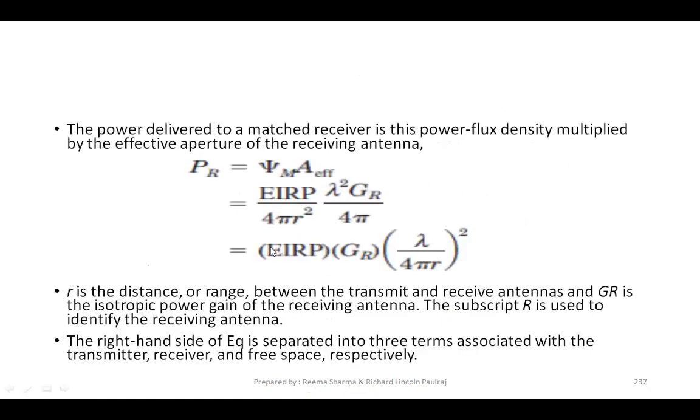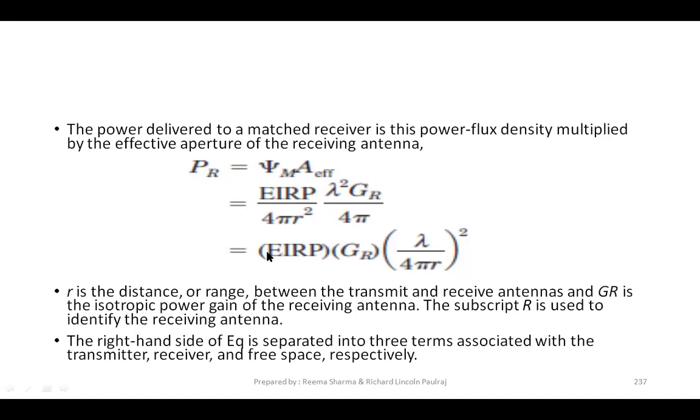Most of the values will be given, just that you will have to identify the exact parameters and substitute the values. So the power delivered to a matched receiver, PR, which means the received power, is nothing but your psi m into A effective. We know that psi m is equal to EIRP divided by 4 pi r square, and your effective aperture is lambda square into GR divided by 4 pi.